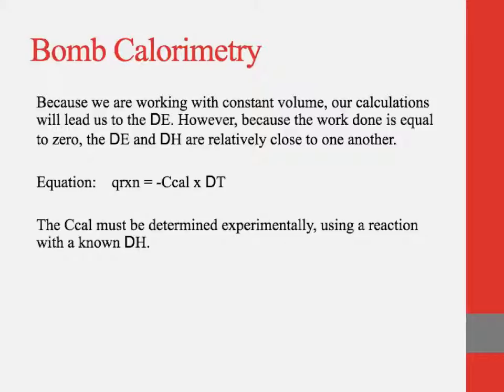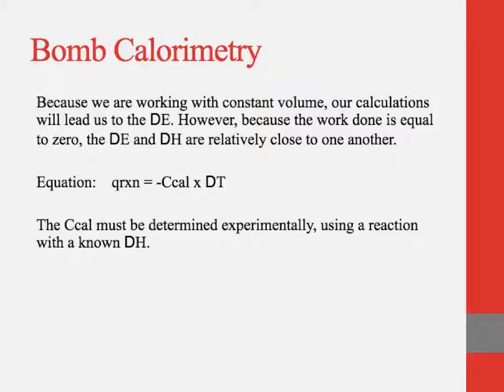Now, the only thing with a bomb calorimeter is that the kilocalories must be determined experimentally using a reaction with a known delta H. So you actually have to run something else first, or already have that data ahead of time. So I'll show you what that looks like.